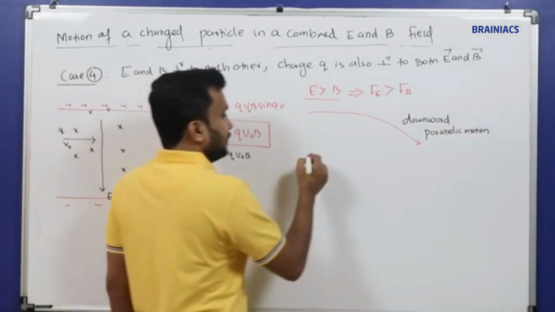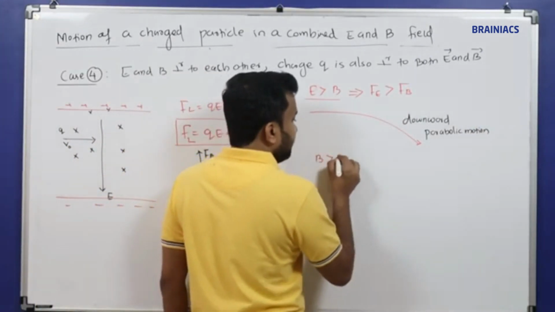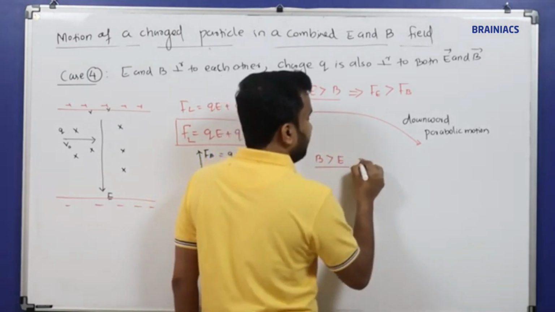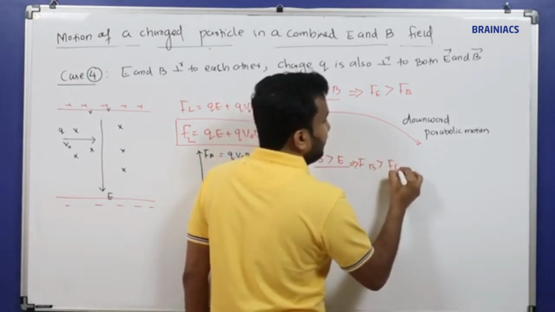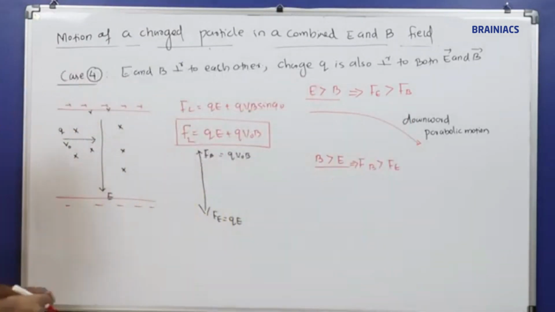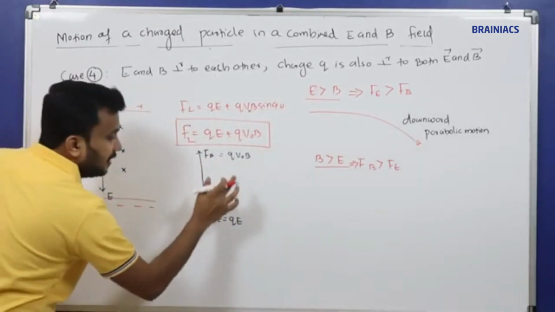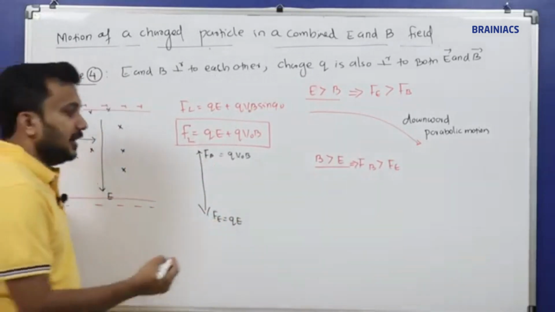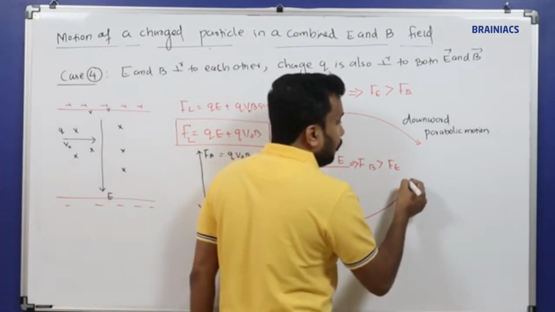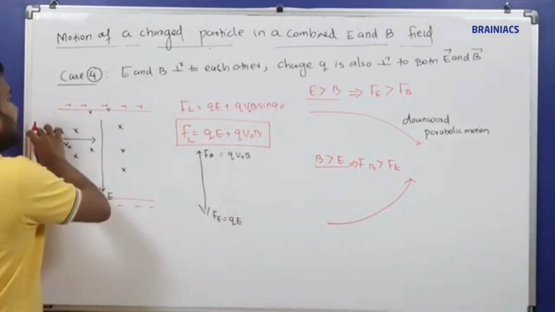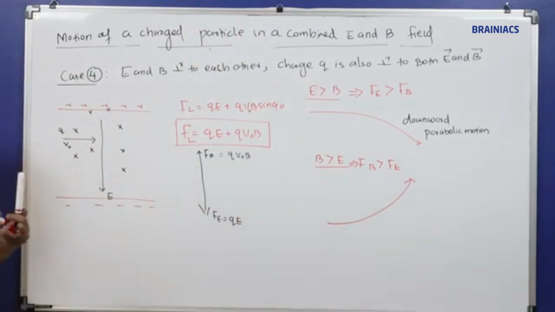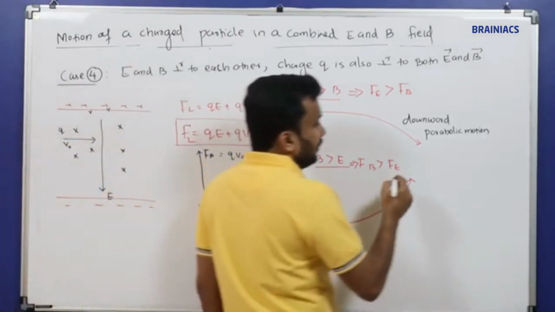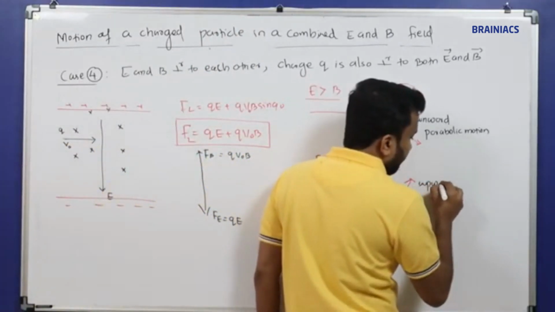In another context, if the magnetic field is stronger than the electric field, then the magnetic force is greater than the electrical force, just the reverse of this one. So magnetic force is higher, electric force lesser. The charged particle will go upward, because the magnetic force is higher. This leads to what is called upward parabolic motion.